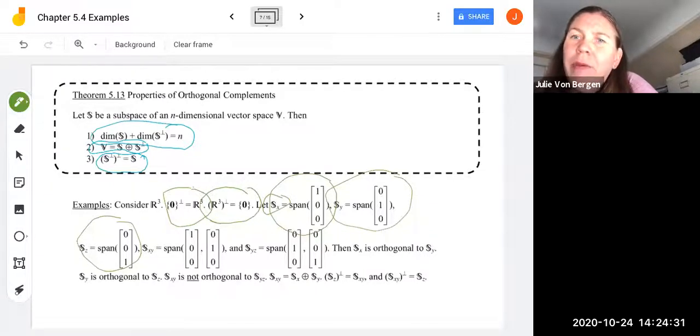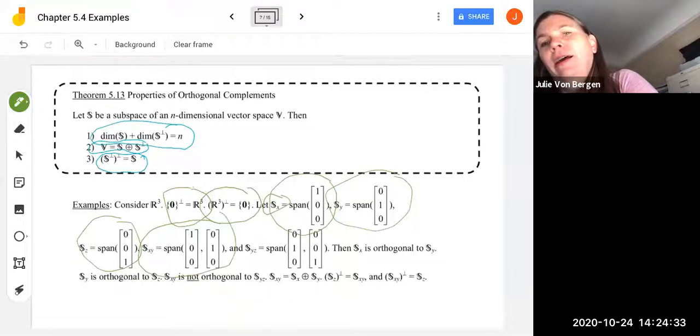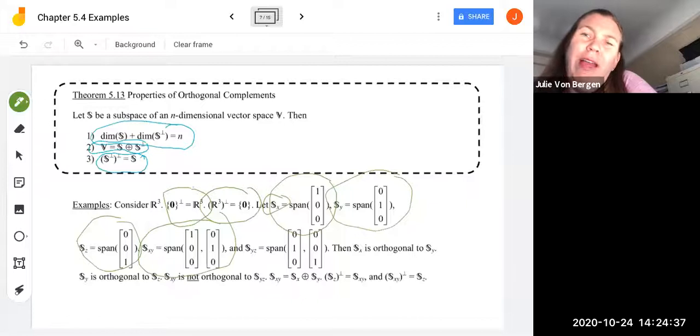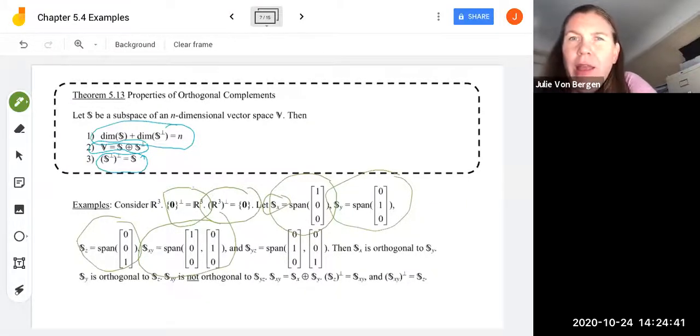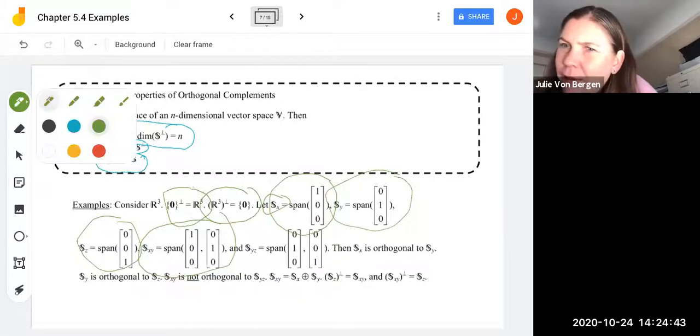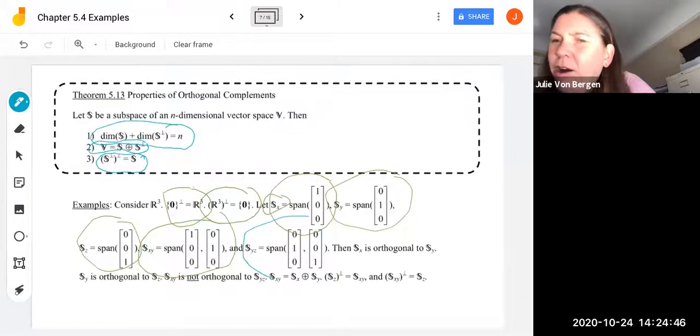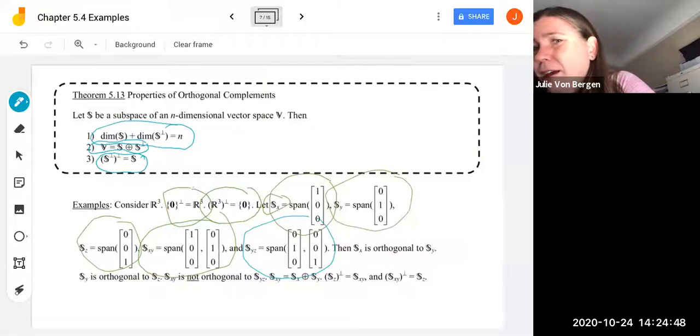Then S sub xy is going to be the span of (1, 0, 0) and (0, 1, 0). So these are all the xy combinations, so everything in the xy plane. And then S sub yz are all the vectors in the yz plane, because see how we've got x is 0 here.